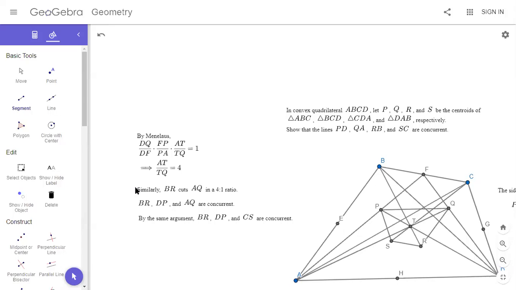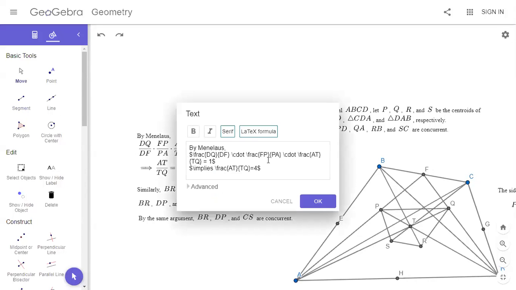Now wouldn't the ratio be a third then, AT over TQ? I'm sorry, wouldn't it be 3 and not 4? Yeah, I think it would be. So I think he says in his comment, this is 3.